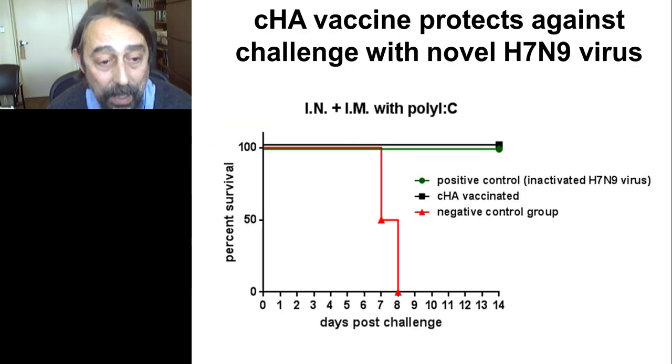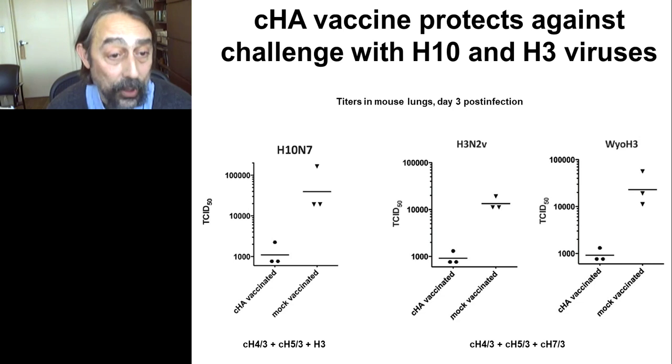That's what happened here. We see that animals that are not vaccinated die, while animals that are vaccinated either with a matching vaccine or with these chimeric HAs are protected against lethal challenge with influenza virus. They are protected not only against H7, but also against H10, with a reduction in titers in the lungs, and against H3s, either swine H3s or human H3s.